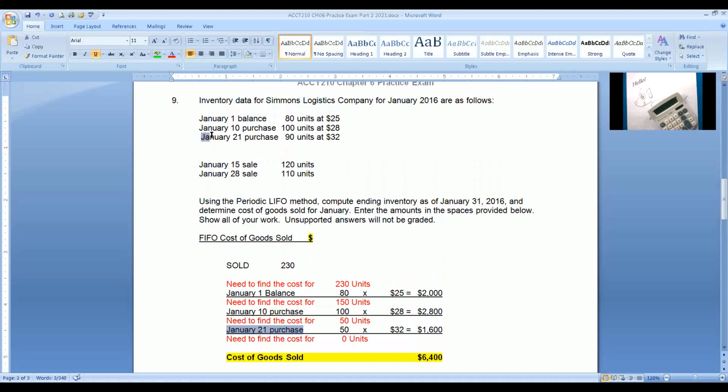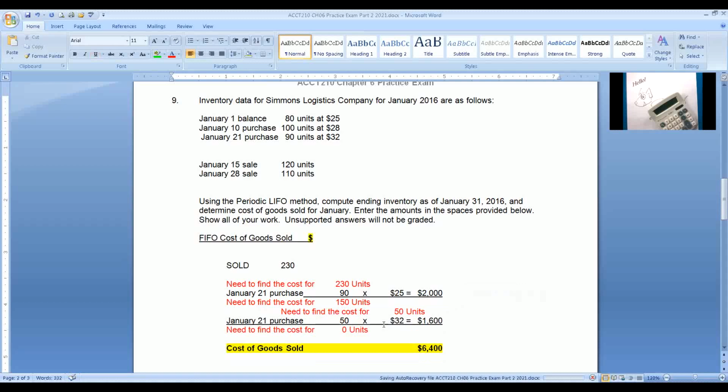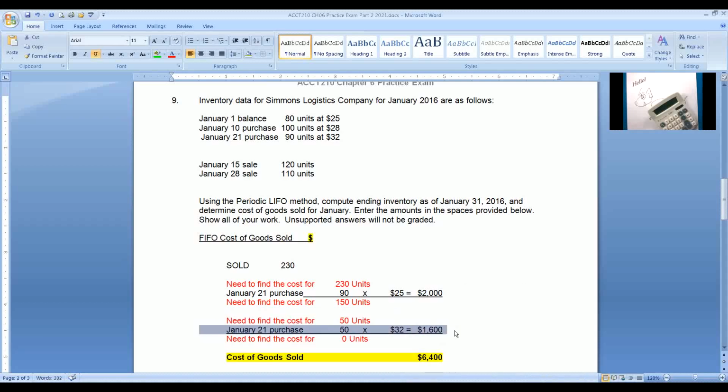So this will be the first one sold. And we will take all 90 of those. Get rid of all these down here. Okay, so we sold 90 units.